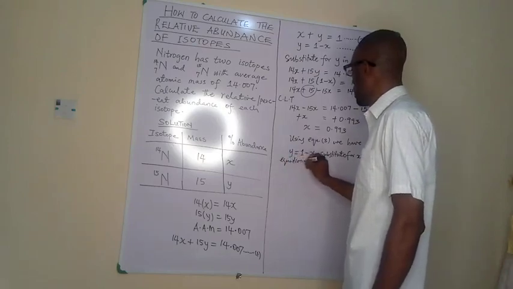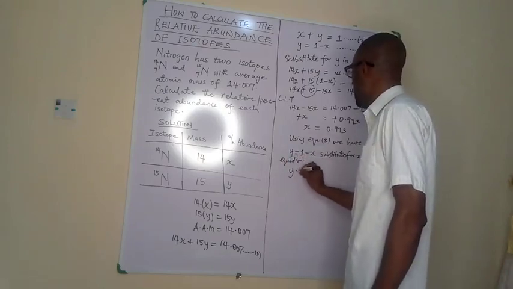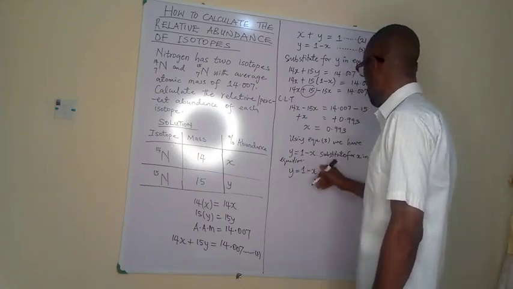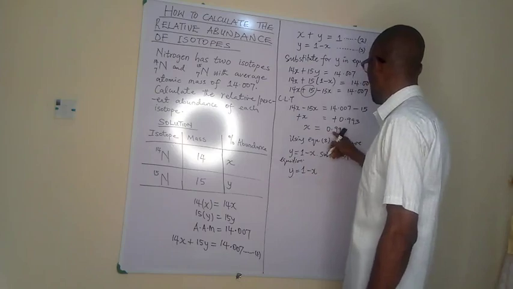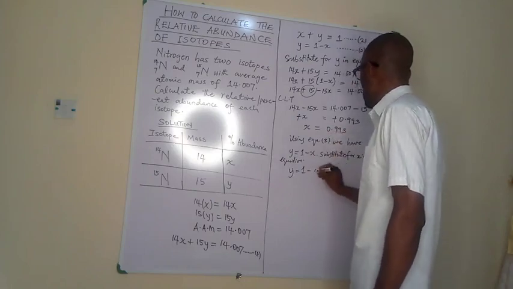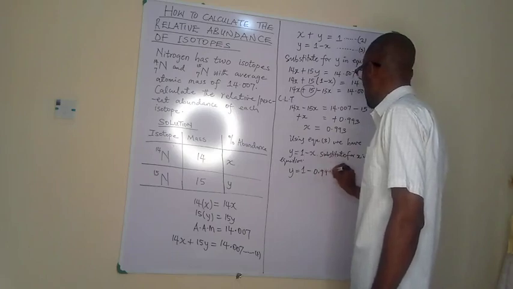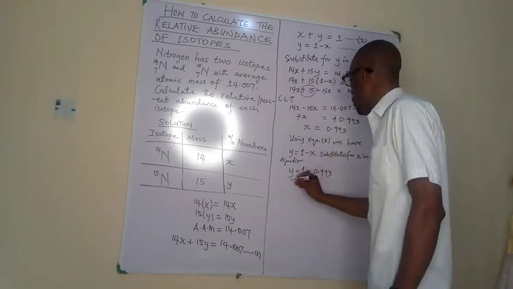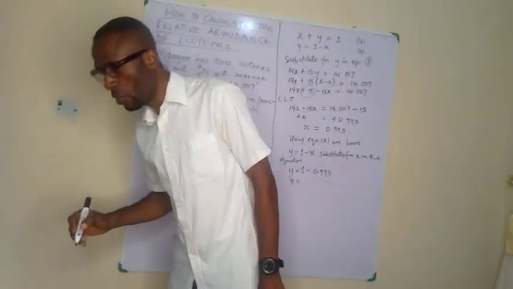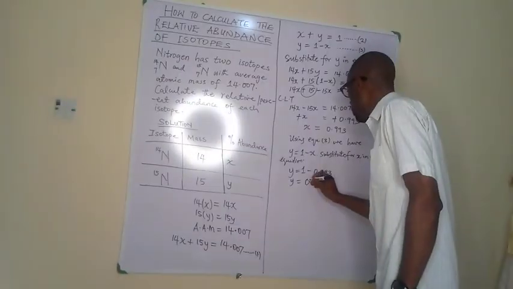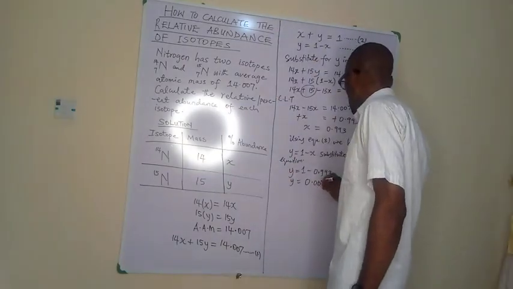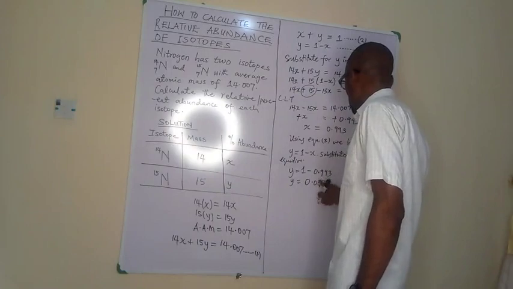Of course, we know that x is 0.993, so it becomes 1 minus 0.993. When you do the difference, you are going to find that y is equal to 0.007.